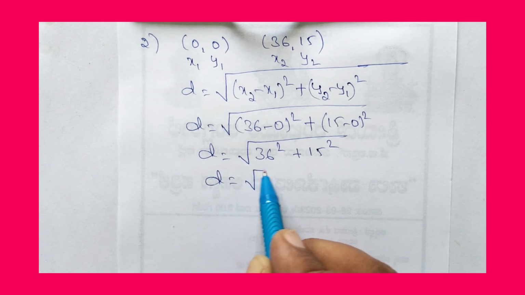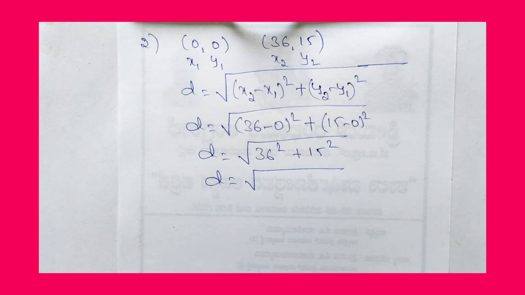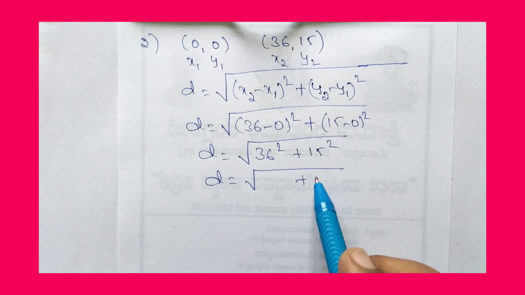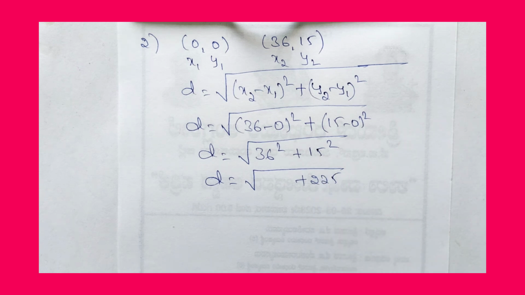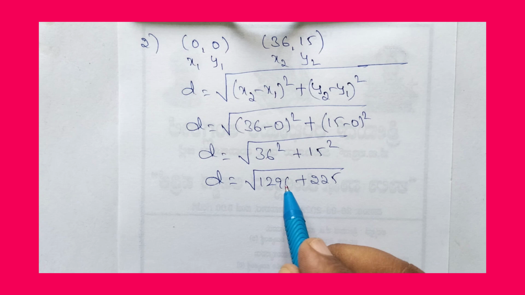So D is equal to square root of, so let us multiply 36 and 36 plus 15 15s are 225. 36 into 36 is 1296.